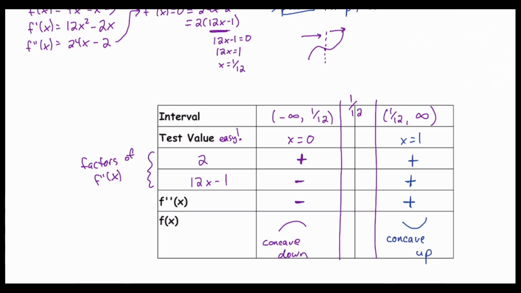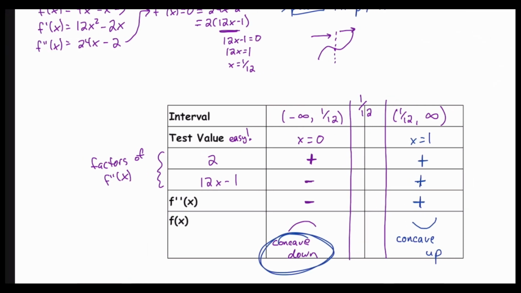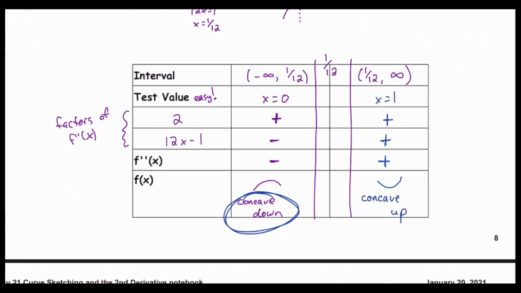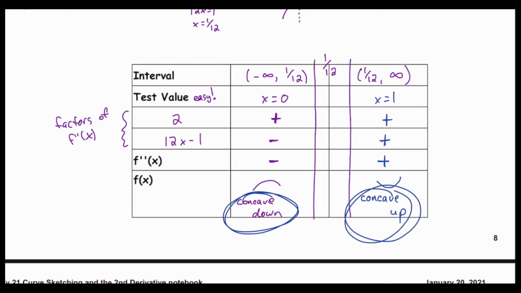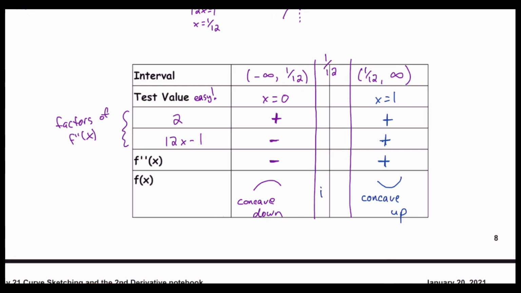And what happens when I have a change in concavity? So if we're going from concave down to concave up, a change in concavity means that I have an inflection point at this point. And just be careful, there are two criteria that need to be met. My function needs to be continuous.